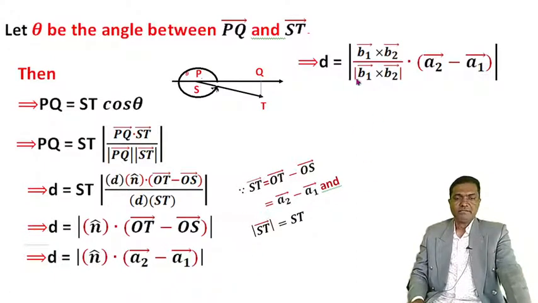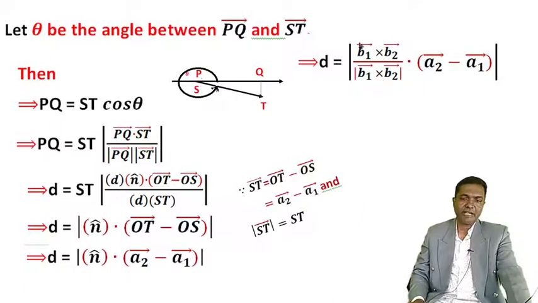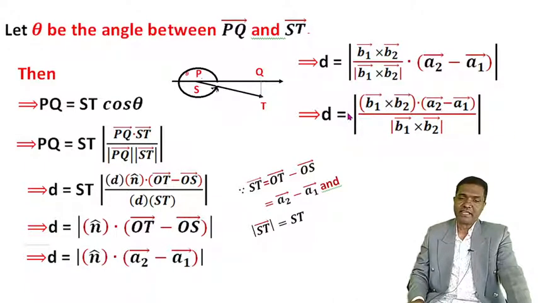Now D becomes, we also proved what n cap is. N cap is a unit vector along the direction which is perpendicular to both B1 and B2. So that I have given you. So this is the required expression, or if you want, this being a constant magnitude, you can write it in the total denominator. So this can also be written in this form. Okay, so understand this expression.